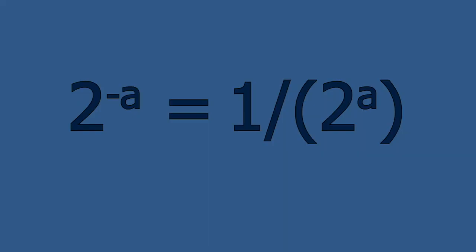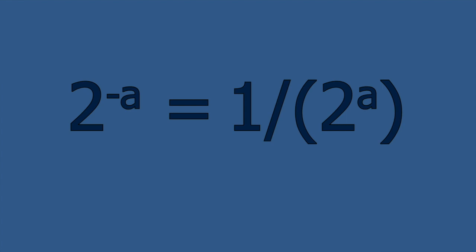Does not work. Now, the second property is actually very interesting. Here it is. We have 2 to the negative a equals 1 over 2 to the positive a. What this basically means is that if you have 2 to some negative exponent, it is basically the same thing as the fraction 1 over 2 to the exact same exponent, but the positive version of it.